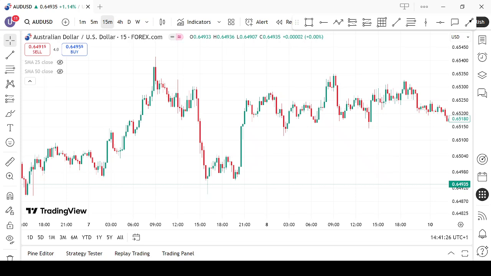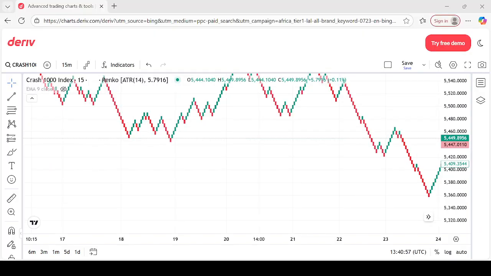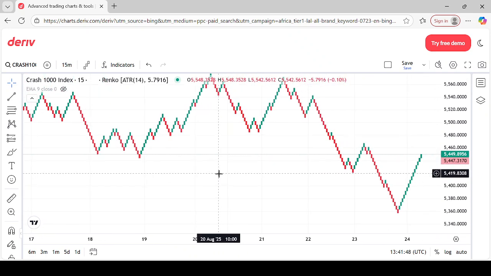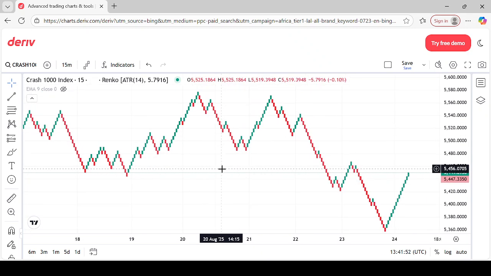Now, the boom and crash indices are synthetic indices because they are offered by some brokers such as Deriv broker. These indices simulate market conditions, allowing traders to speculate on price movement without trading actual assets.